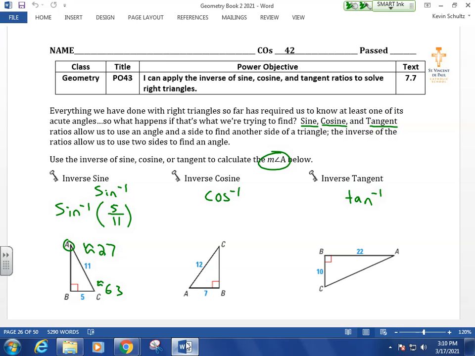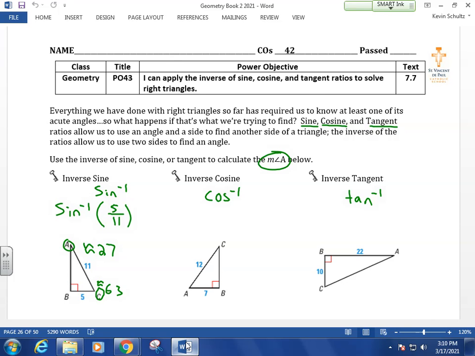We can check that by taking the inverse of cosine for angle C, because if we're looking at angle C, 5 is now the adjacent side and 11 is the hypotenuse. If we do the inverse of cosine, adjacent over hypotenuse, 5 over 11 in our calculator, we get 62.96, which is approximately 63.